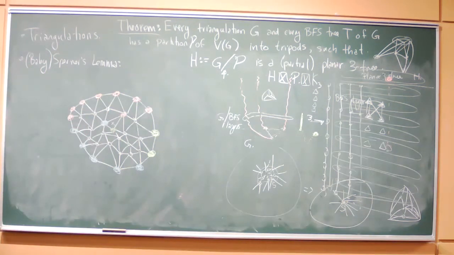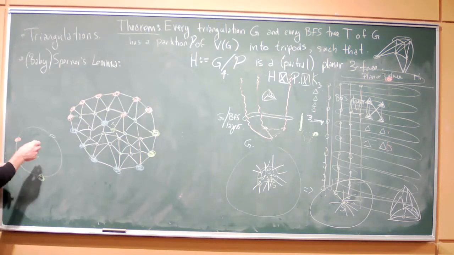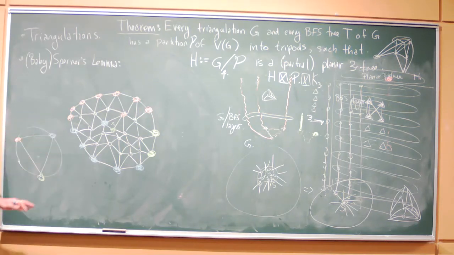And this could be degenerate. This is somehow a nice picture where it shows up in the middle, but it could be degenerate. The face could even be, nothing says you can't have a triangle like this with all 3 vertices on the outer face, or 2 of the vertices on the outer face, or 1 or whatever. And this could even be an edge of the outer face. So all of those things are allowed. Okay. So that's Sperner's lemma.